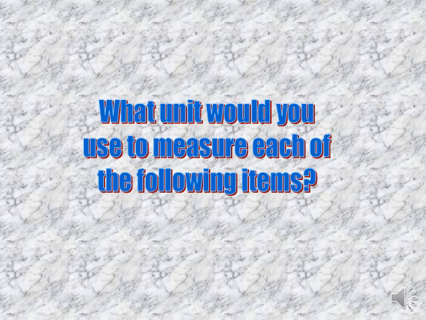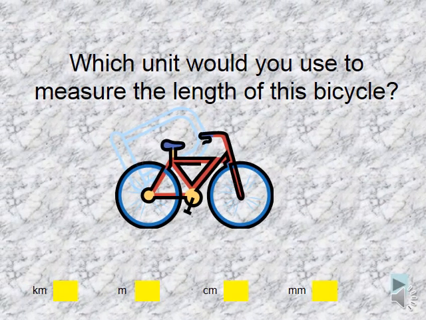Now, you don't need to write this down on your sheet of paper, but I want you to think about what unit you would use to measure each of the following items. This bicycle. What unit would you use to measure the length of this bicycle? Kilometer? That's 1,000 times the base unit of a meter. 1 meter, that's the base unit.